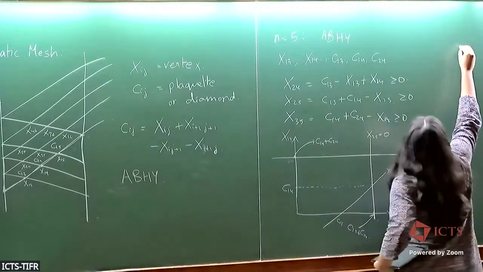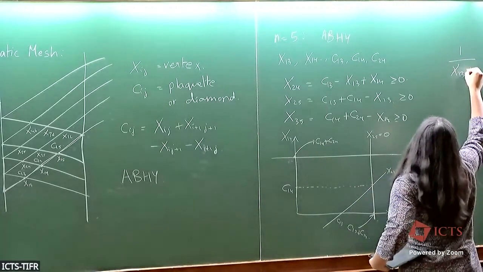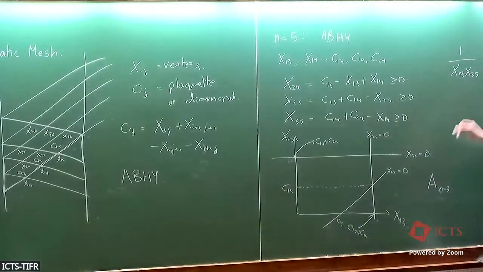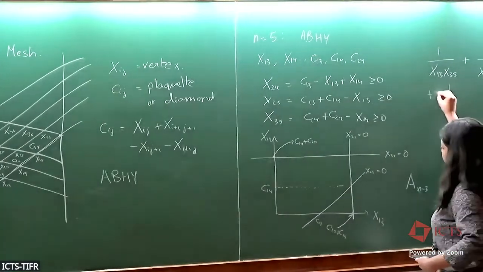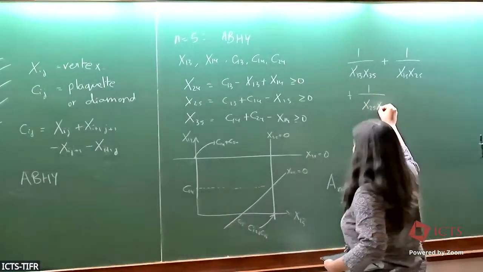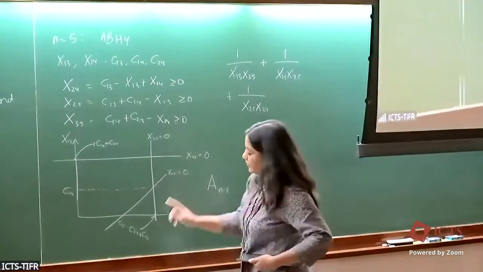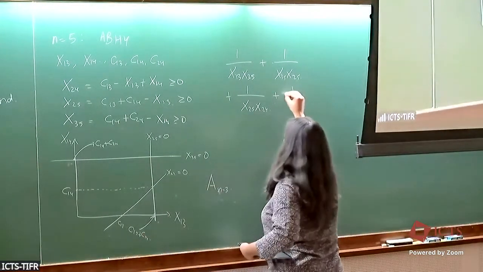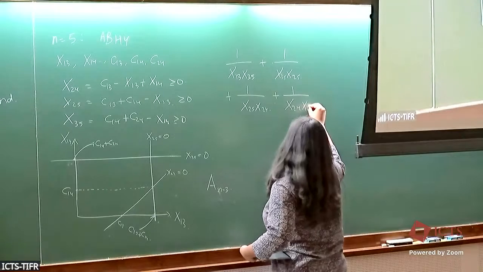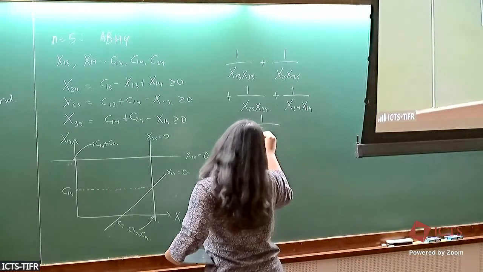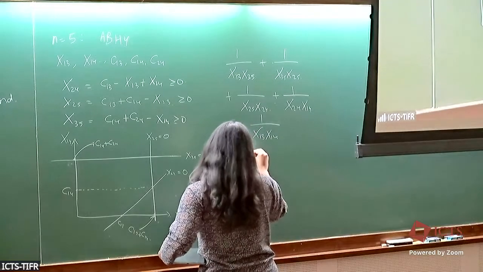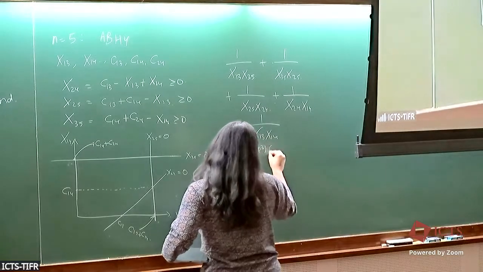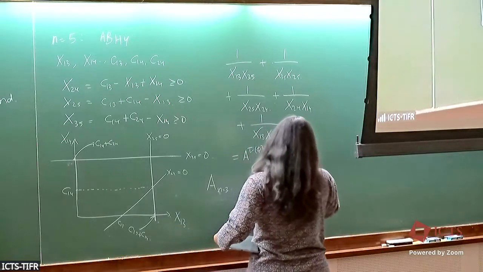So I just say 1 over x13, x35 plus x35, x25 plus x25, x24 plus x24, x14. And this is literally the trace phi cubed amplitude for the ordering 1, 2, 3, 4, 5.